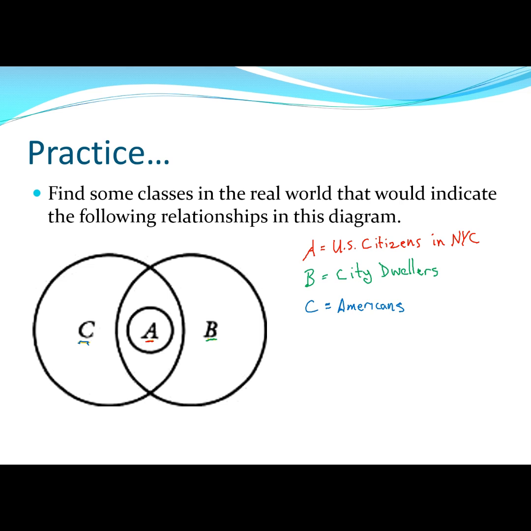Let's create a new area. We'll call it D. So what could that be? First of all, it's entirely in C, so that's Americans. It is in B, so it's city dwellers, but it does not include New York City. So this could be all other U.S. citizens living in cities.